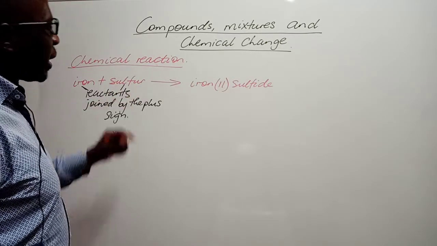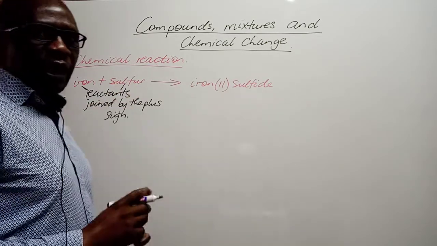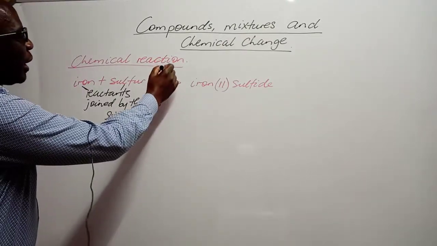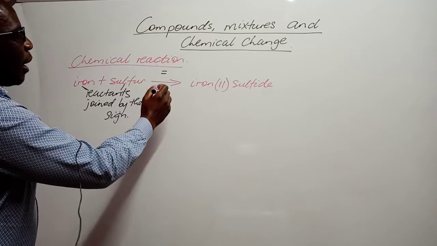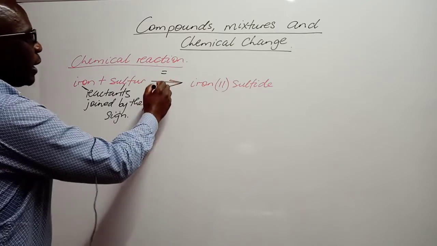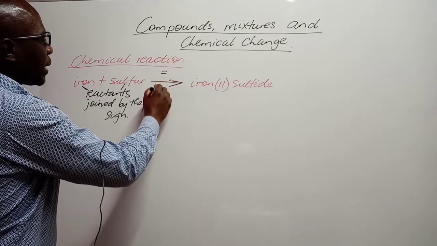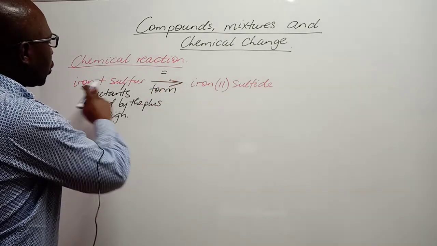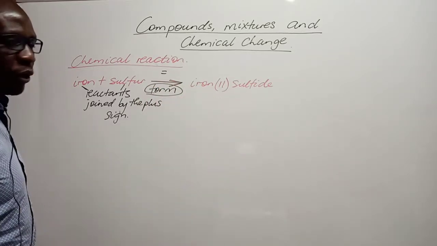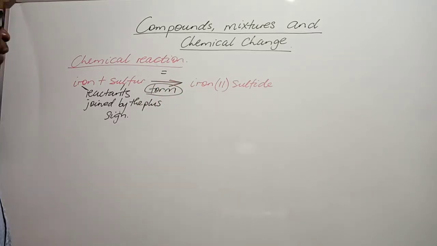in mathematics, in a mathematical equation, we should be having an equal sign here. But in science, we have got an arrow. This arrow tells us that these two reactants form that iron 2 sulfide.